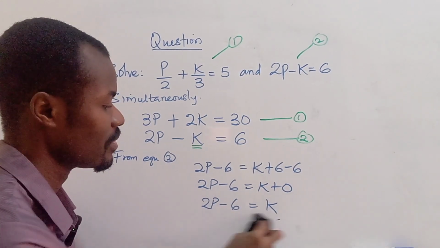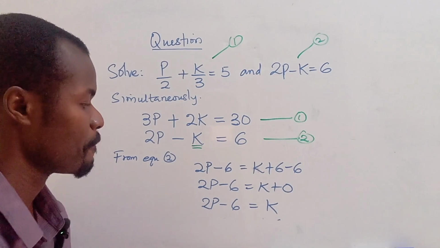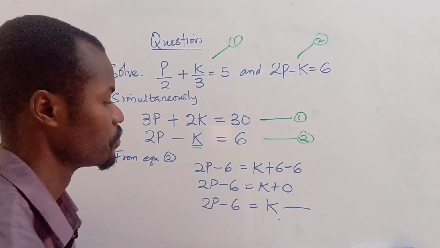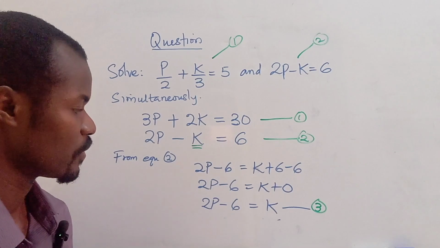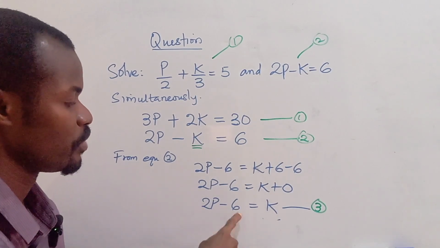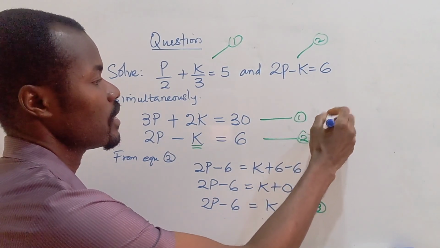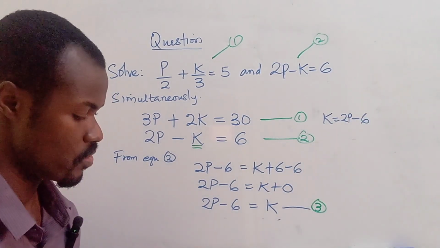So this gives us another equation. Let's call this equation 3. So in equation 3, we have K equals 2P minus 6. Let me write it there.